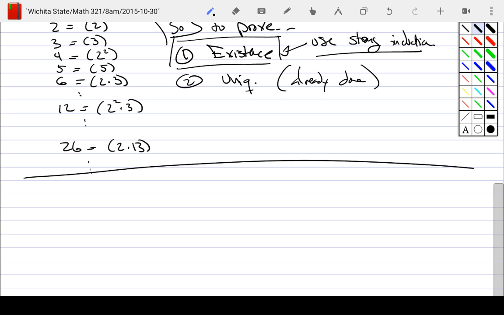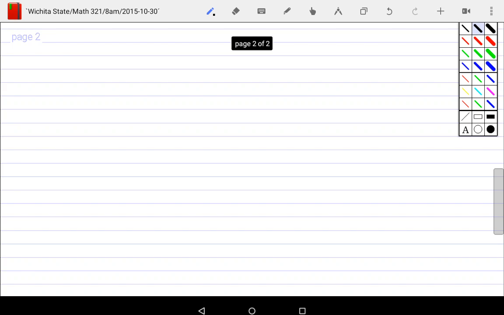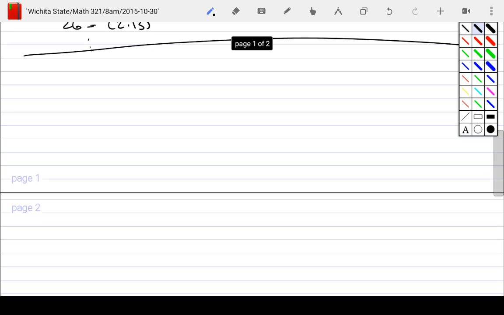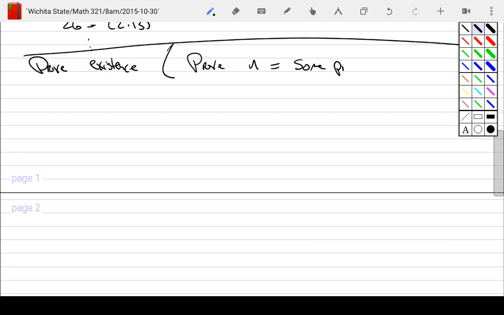Okay, so let's go ahead and prove existence. What I'm really asking to do is prove n is equal to some product of primes.